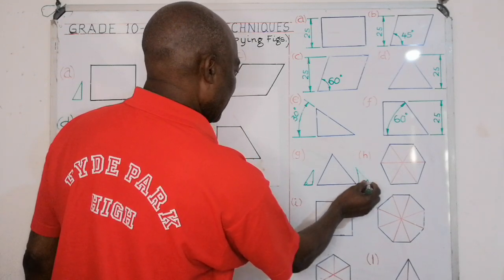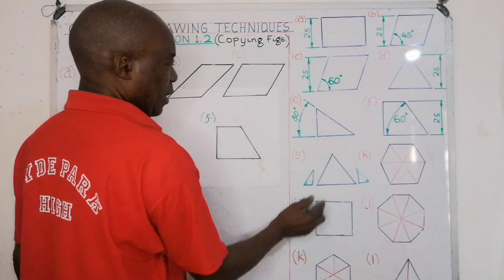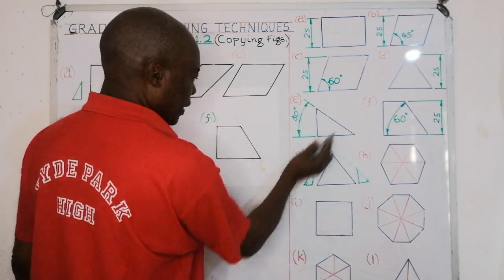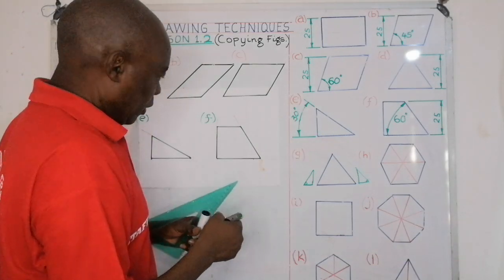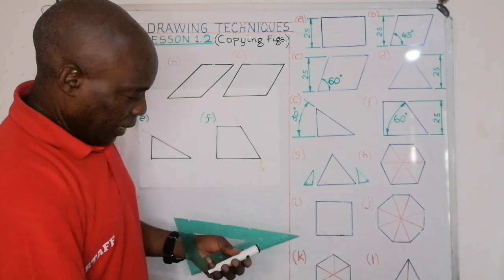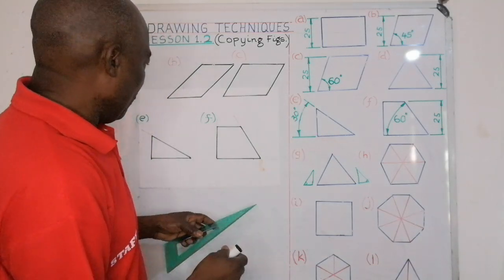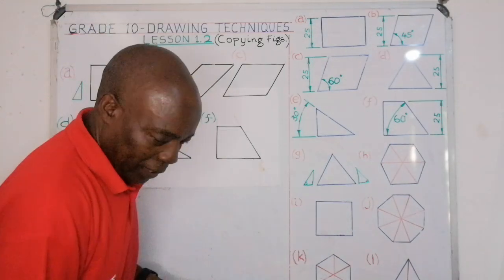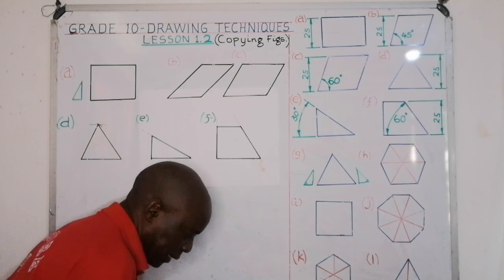So this is the 60 degree angle, this is the 60 degree angle. Which means this line is drawn using that, and this line is drawn using that 60 degrees. So it's also an equilateral triangle. So first of all, let me copy down the given side or the given base.